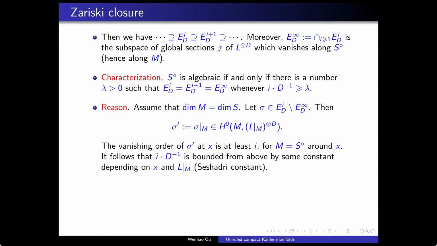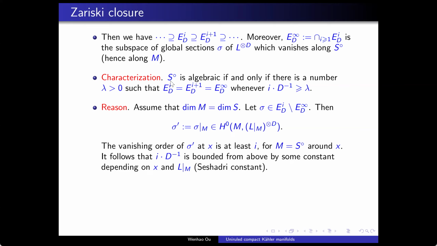So a section is in E infinity if and only if it vanishes along the whole S0, because S0 is connected. And since the vanishing locus of sigma is a Zariski closed set, this Zariski closed set must contain the Zariski closure M of S0, which means that sigma is indeed a section of L^D which vanishes along M.